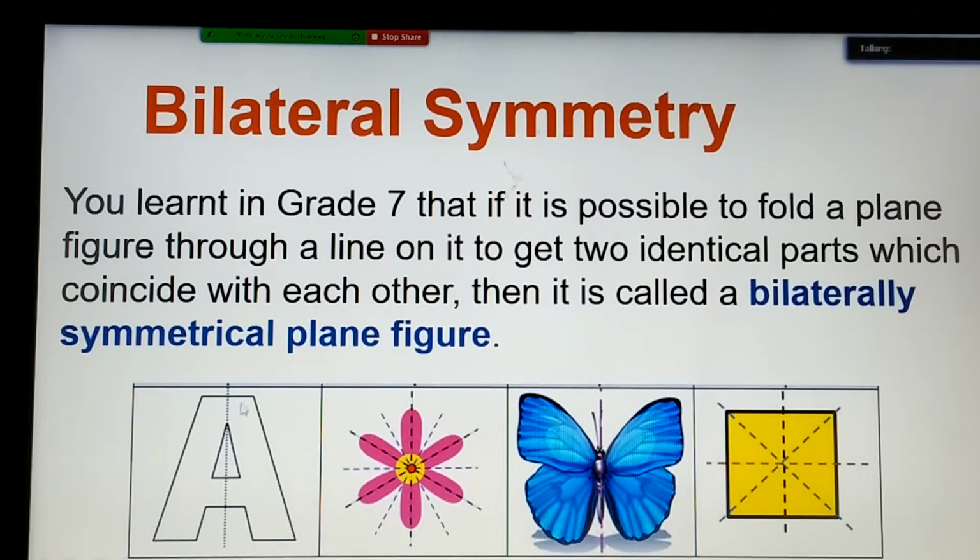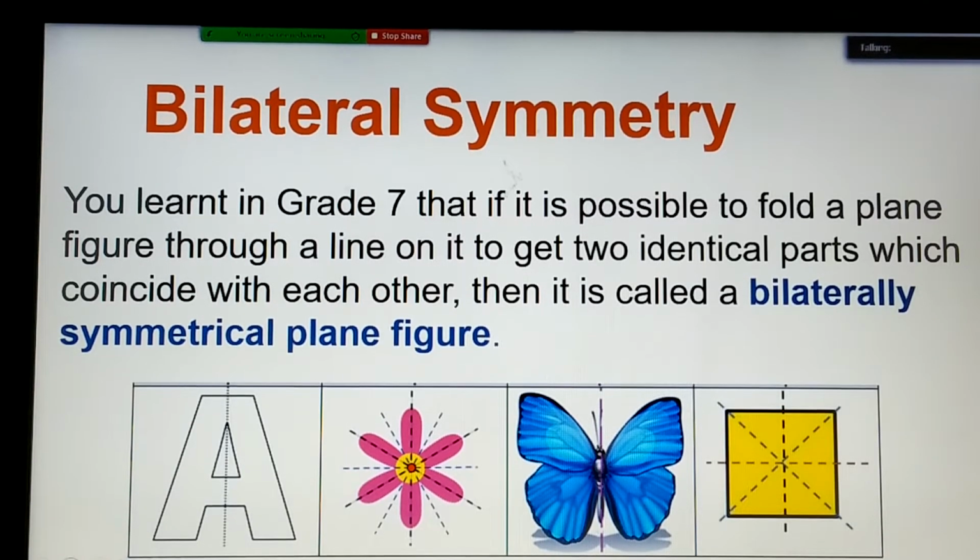Here, can you see? Here one symmetric axis, here more symmetric axes, only one, likewise that. You did that kind of thing in grade 7.